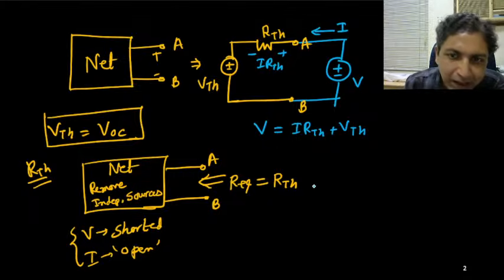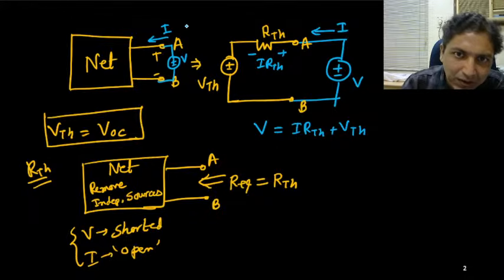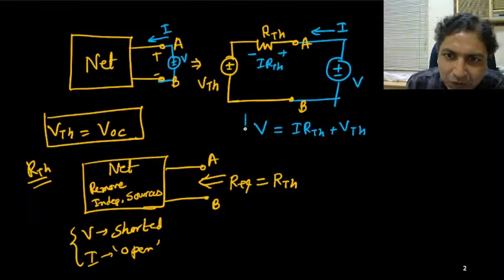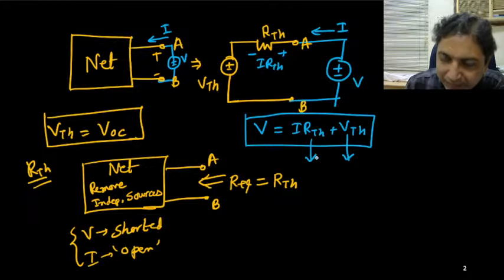So whenever we have one network and I connect a source V and assume that the current entering the network is capital I, then we will get a linear equation like this. It is always true. Then you can compare this equation: the independent term will be VTH and the coefficient of I is RTH.